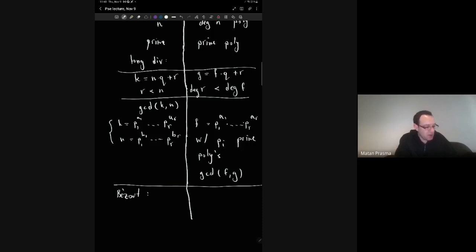It tells you that if you have any two integers a and b, there exist some u and v such that au plus bv is equal to the GCD of a and b.